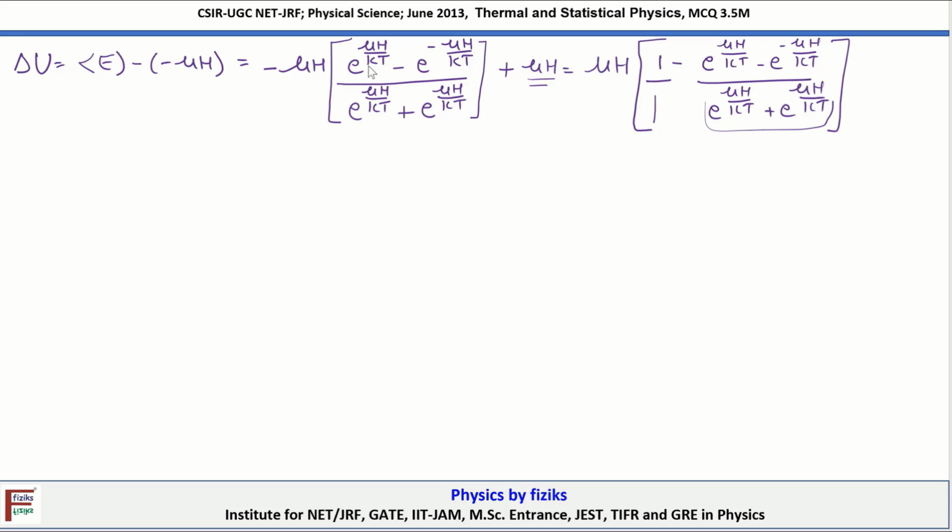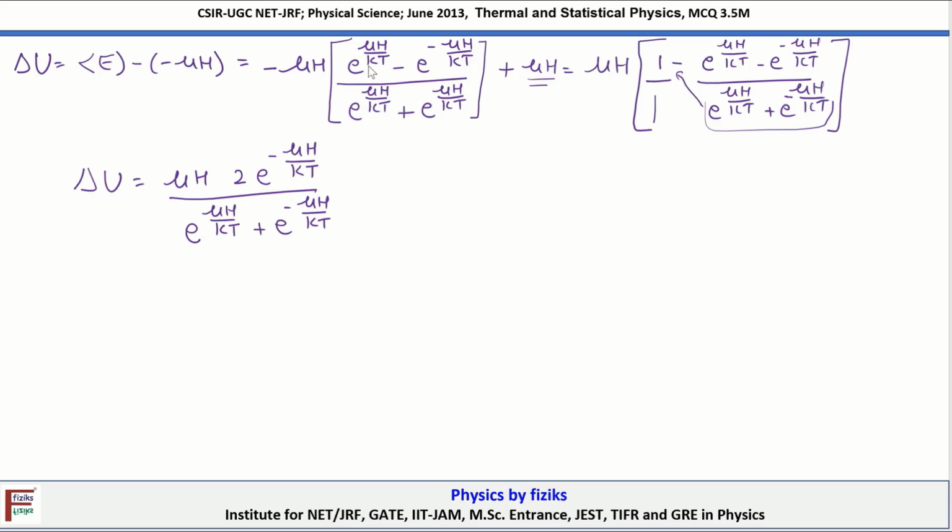So in the LCM we will have this term, so after multiplying this term here and then adding this term, some of the terms will cancel, and finally after doing that mathematics, delta U, the excess energy term, comes out to be equal to mu h multiplied by 2 exponential minus mu h upon kT divided by exponential mu h upon kT plus exponential minus mu h upon kT.